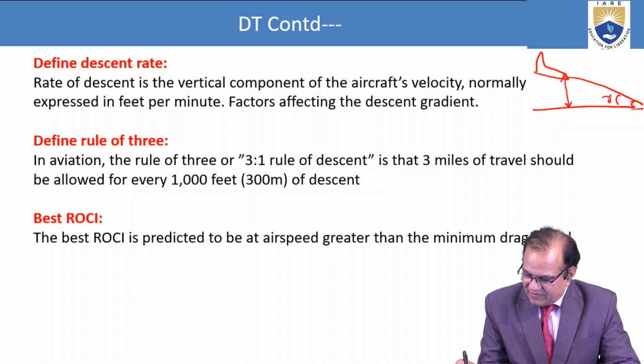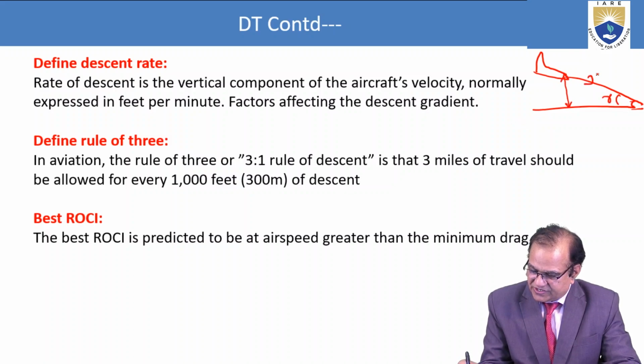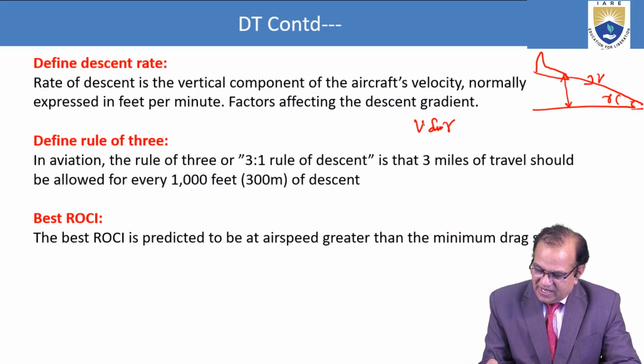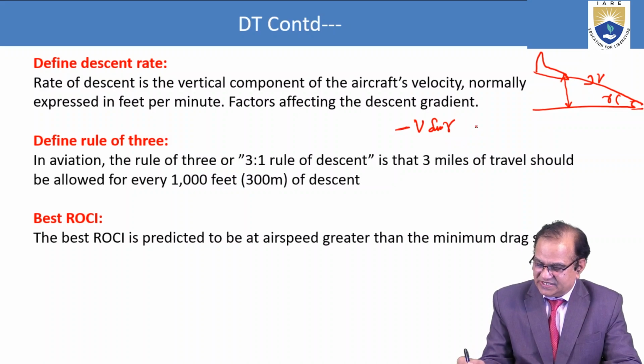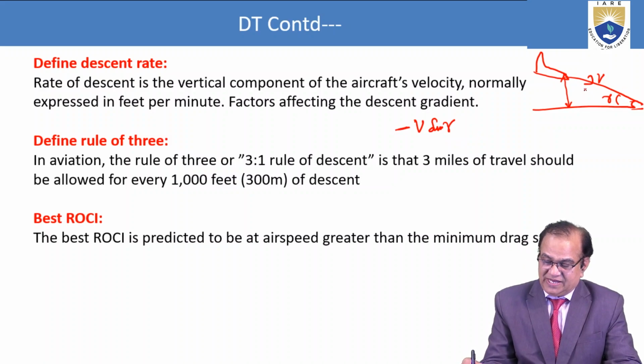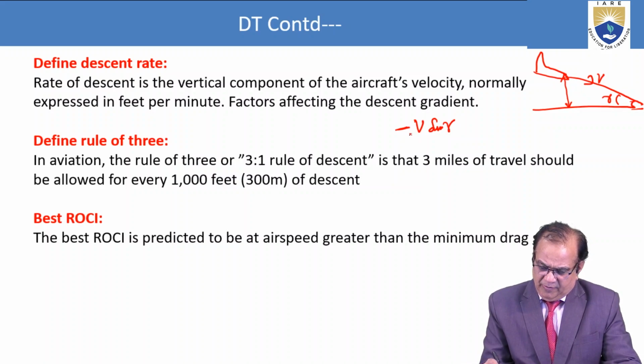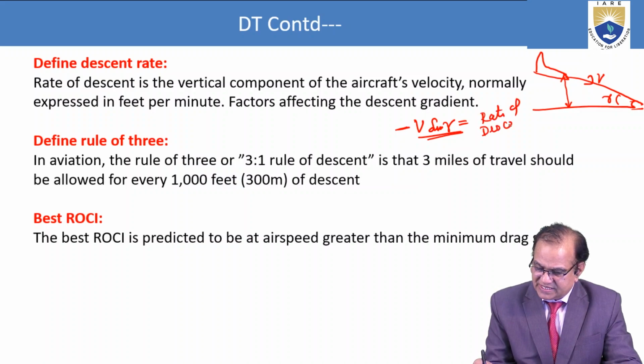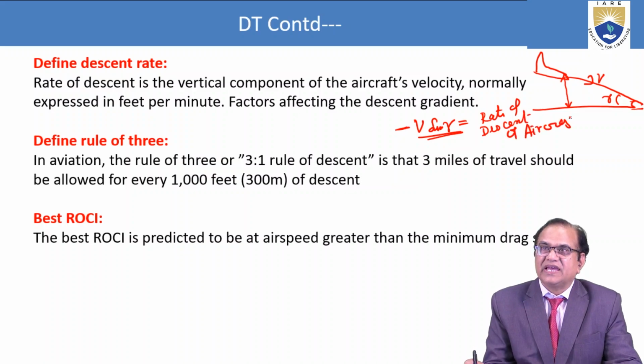If this is the gamma, and this is the velocity V, it will be V sin gamma negative, because it is coming down. So sin of minus gamma is equal to minus sin gamma. So this is called the descent rate. So this is the rate of climb, and this is the rate of descent of aircraft.